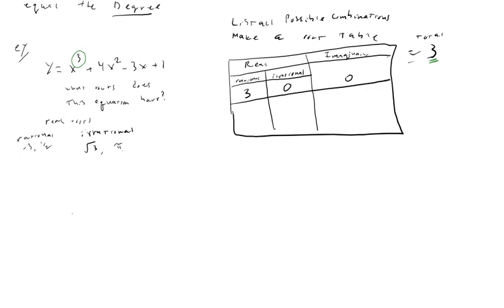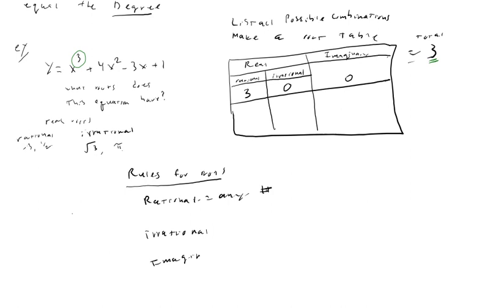The rules for this table are: rational can be any number. But my irrational and my imaginary, they come in pairs.